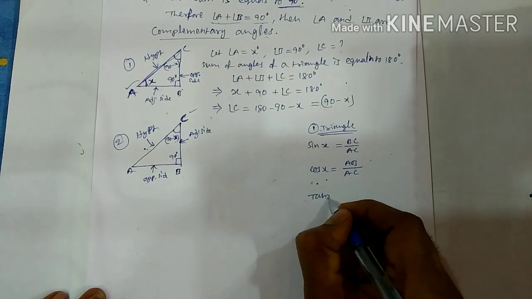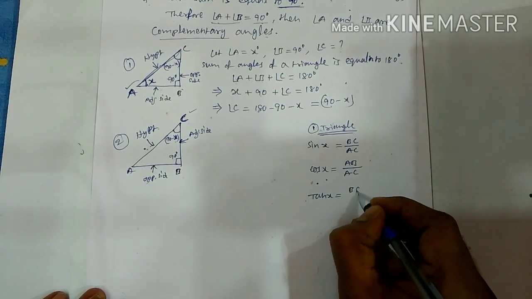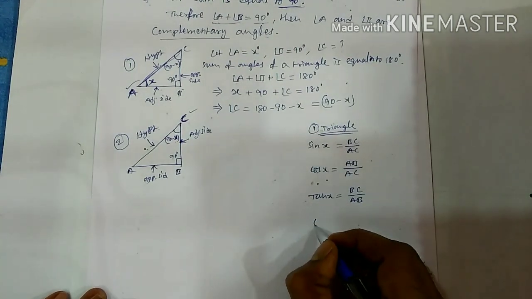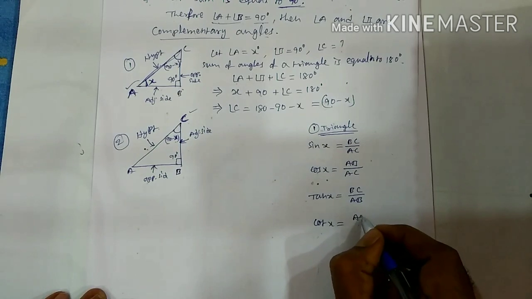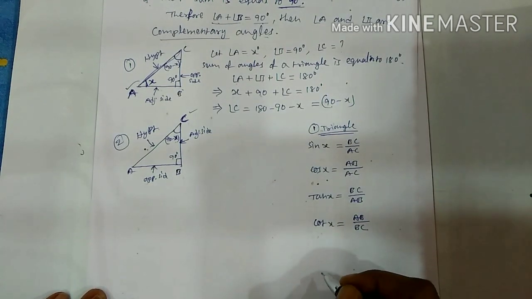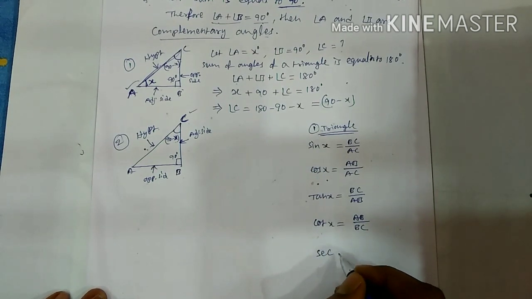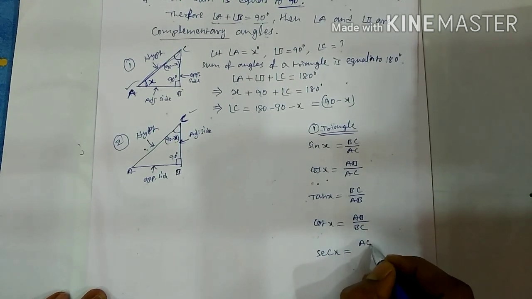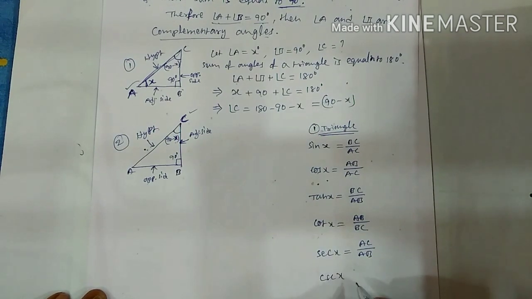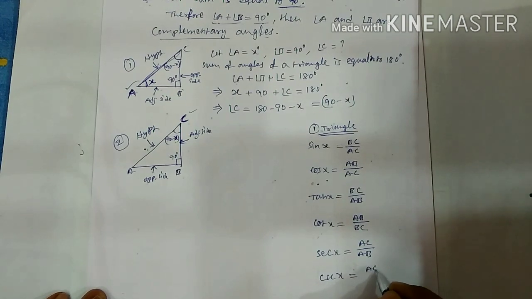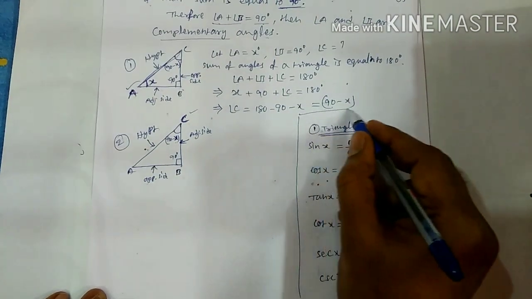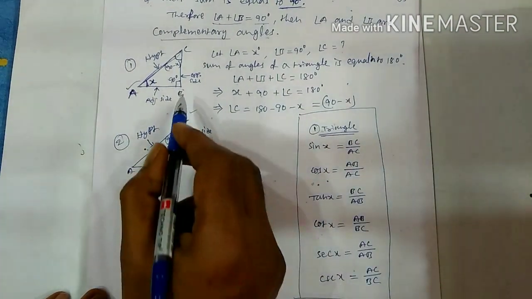Similarly, tan X is BC by AB, opposite side by adjacent side. Cot X is AB by BC. Secant X is AC, hypotenuse, by AB, adjacent side. Cosecant X is AC by BC. So these are the six trigonometrical ratios of the first triangle.